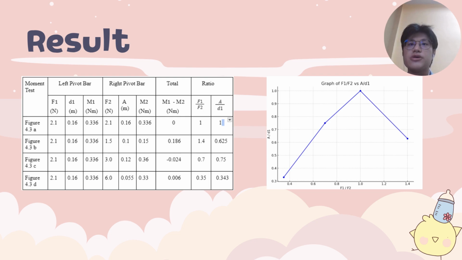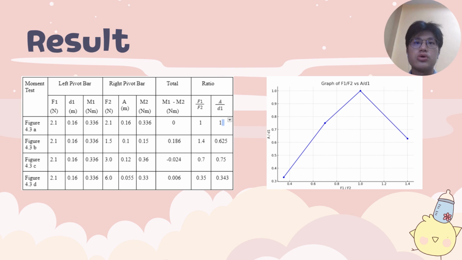Lastly, in figure 4.3d, we applied a high force of 6 Newton at a short distance of 0.055 meter. The moment calculated here was 0.33 Newton meter, very close to the clockwise moment of 0.336 Newton meter, giving a tiny difference of 0.006 Newton meter, showing it was almost in equilibrium.